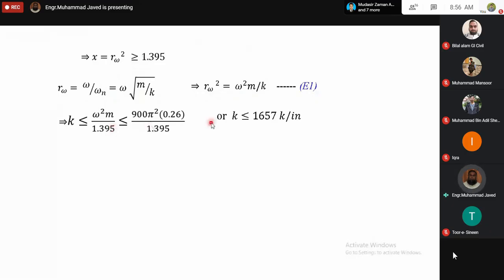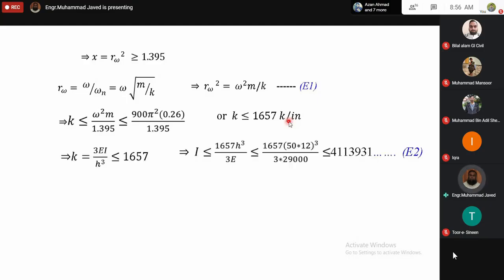K, the stiffness, shall not be less than 1657 kips per inch. Now, in our case, the water tank is an example of a cantilever column or cantilever beam. And a cantilever column or beam, if loaded at the free end, has a stiffness equal to 3 EI over L cube.